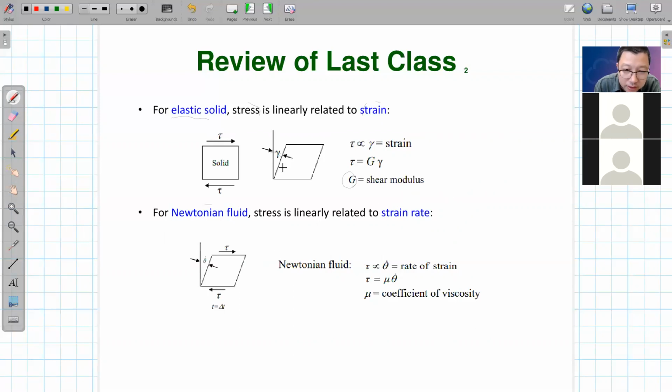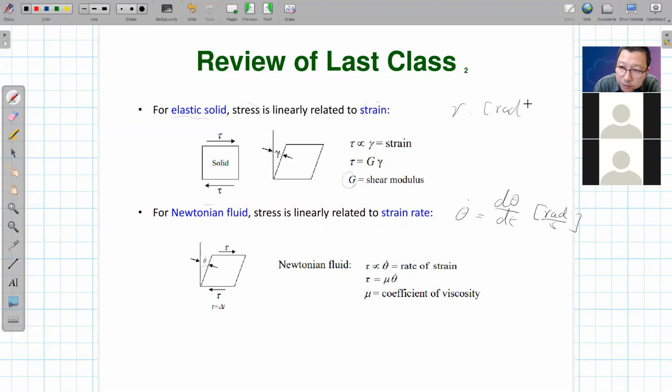What's the difference? This is strain, gamma, its unit is radian, and for strain rate, this angle is theta, and strain rate is theta dot, which equals d theta dt. So the unit is radian per second.